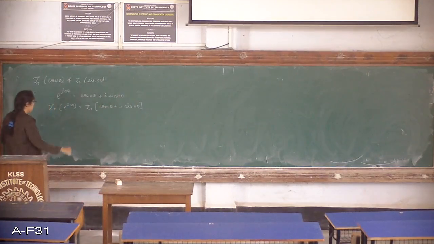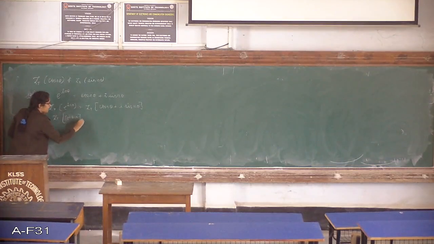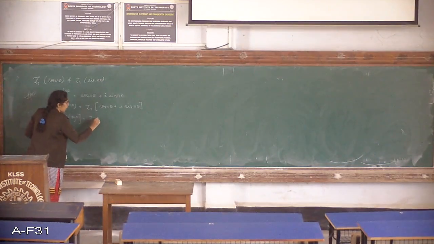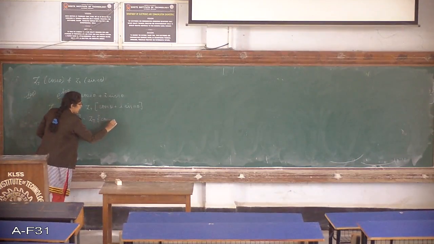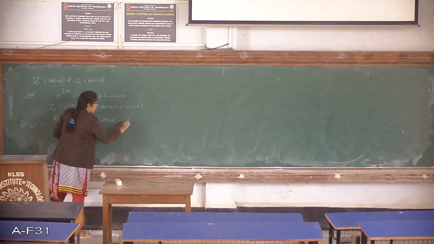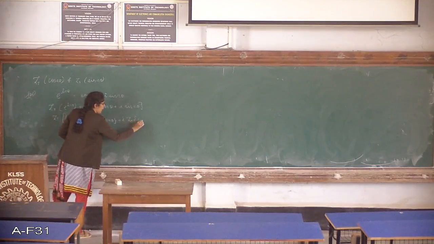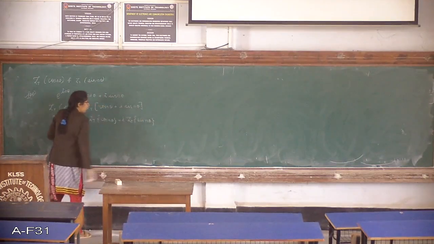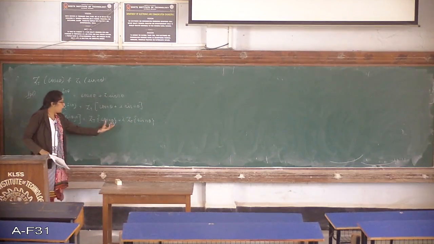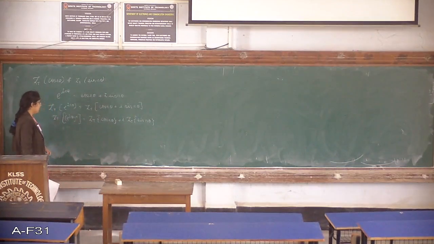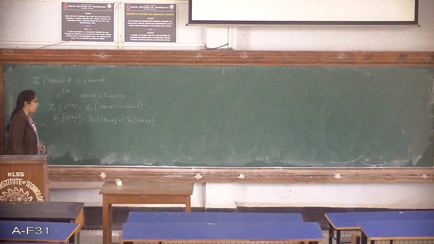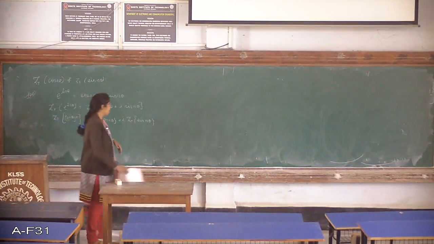So furthermore, this is nothing but the z transform of e raised to i theta, raised to n, is equal to the z transform of cos n theta plus i times the z transform of sin n theta. See, if you can observe it, we have made use of the linearity property here. That is, if I can obtain the z transform of e raised to i theta raised to n, I shall be obtaining the z transform of cos n theta and sin n theta.